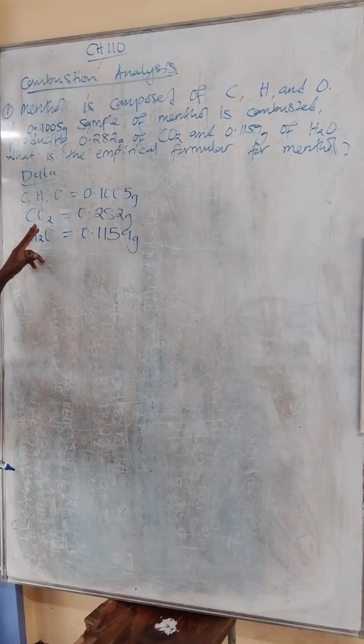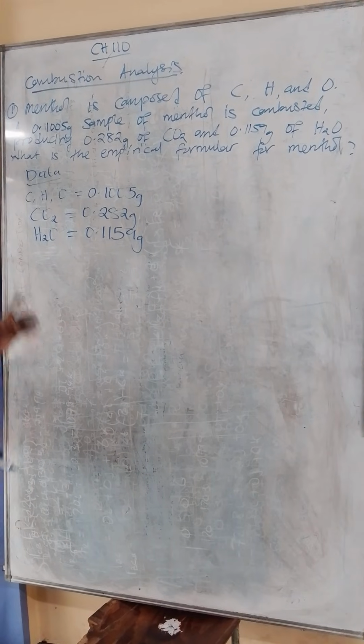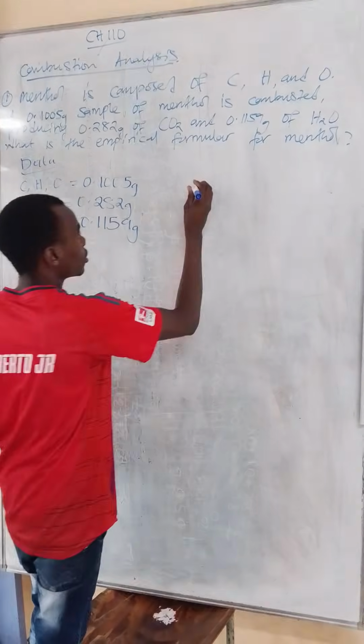we only have one carbon. So let's find the mass of carbon in carbon dioxide.